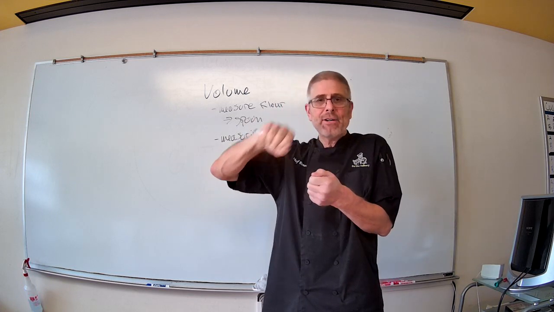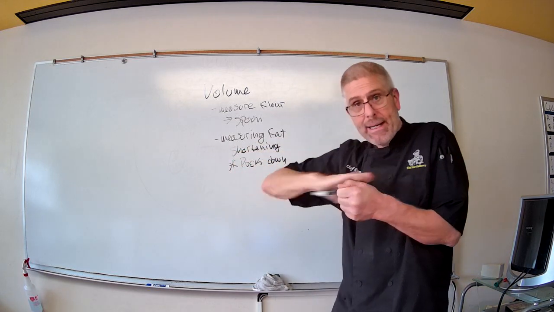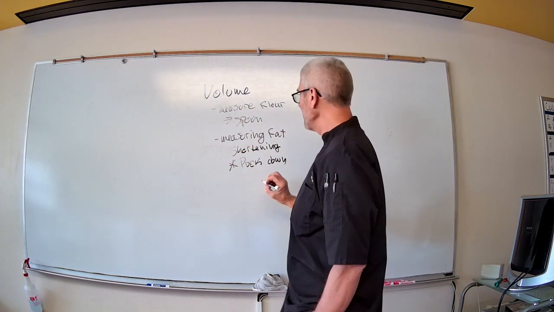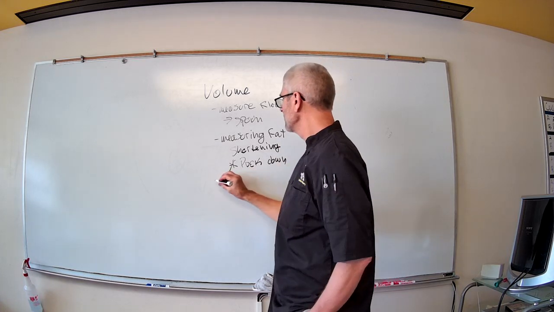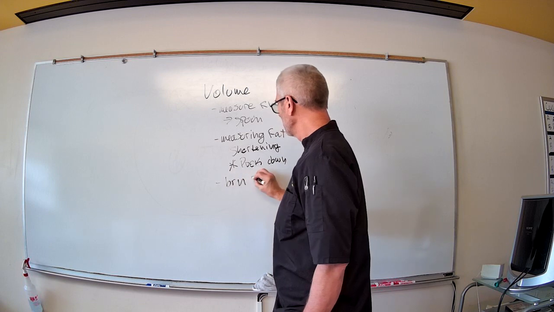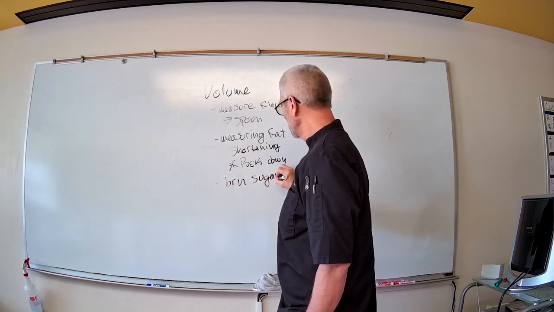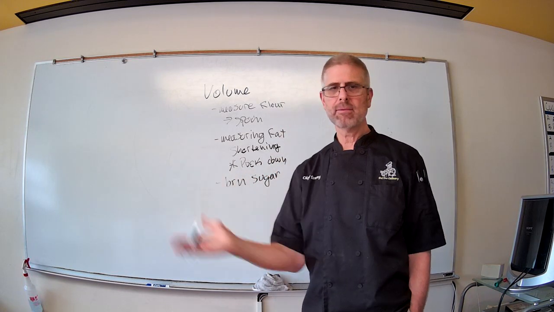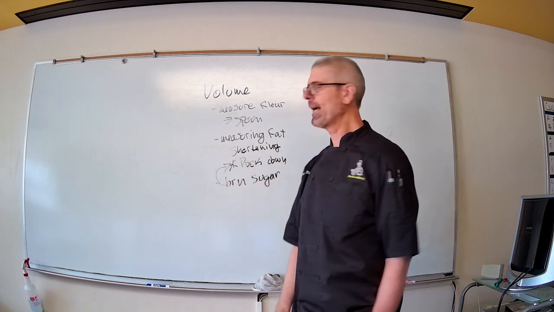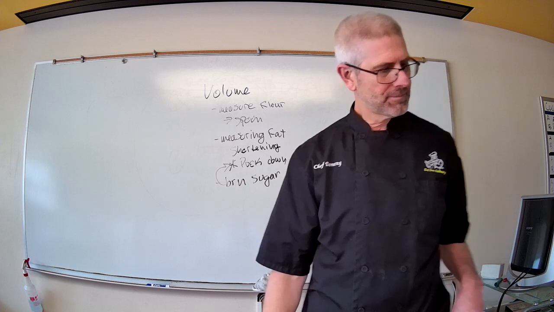You really pack that in there to get rid of all the air bubbles, and again you screen it off on your measuring cup. Same thing with measuring brown sugar. You always pack it down, right? Pack it down for brown sugar.